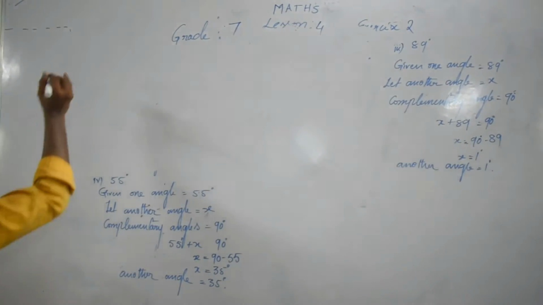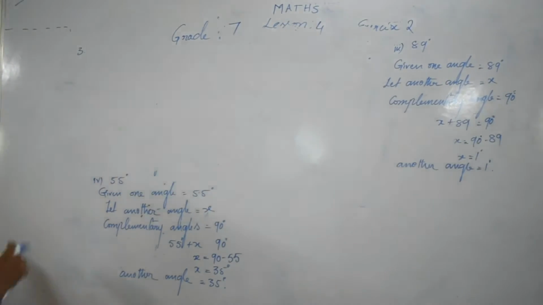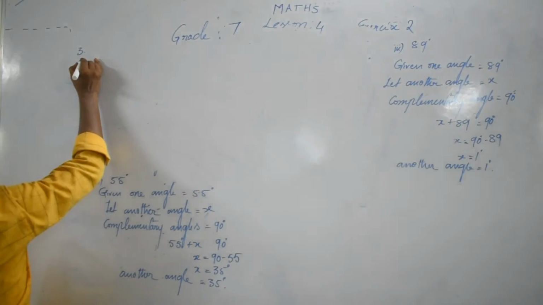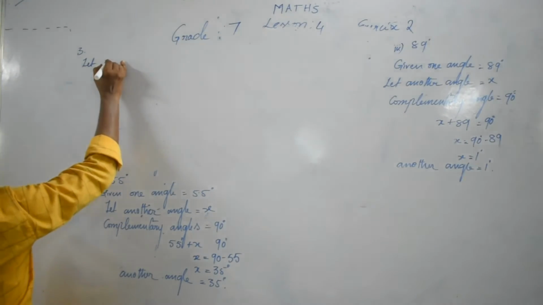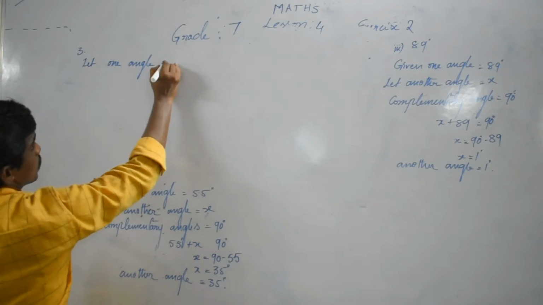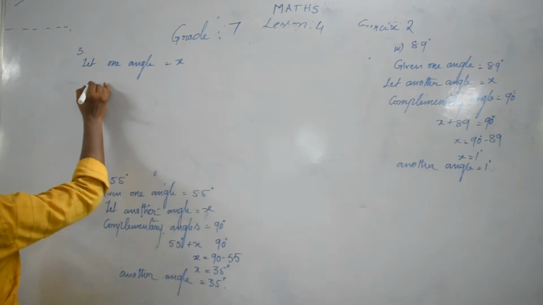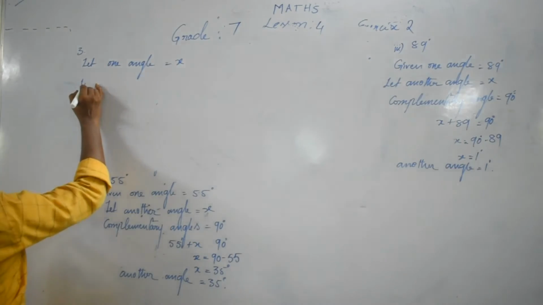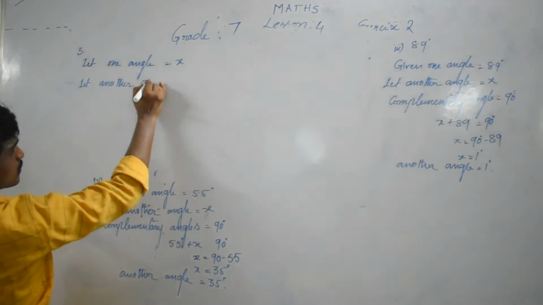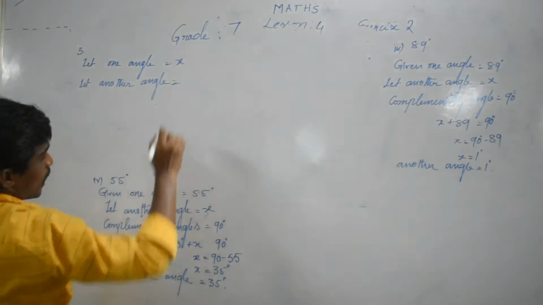Here see, two angles are complementary, and each angle is equal. So let one angle be x.